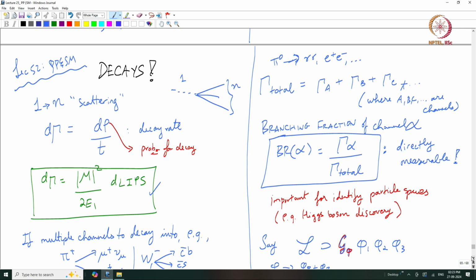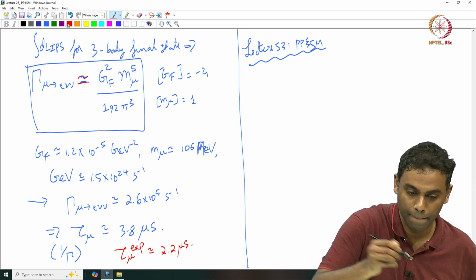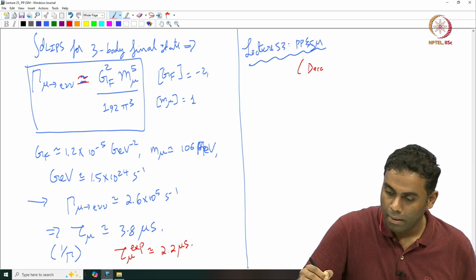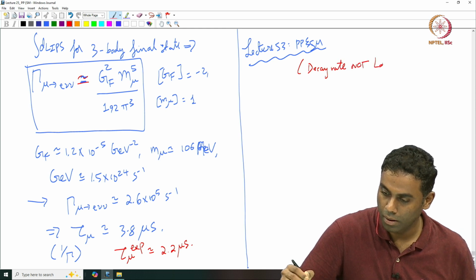So it depends on the frame that you are talking about, okay, that stands to reason, right, it is a rate after all. And rates do differ according to the inertial frame that you are measuring them in, right. So let me just write that down quickly. Decay rate also not Lorentz invariant.